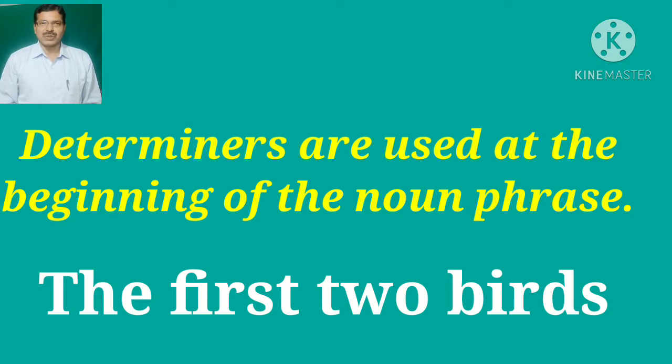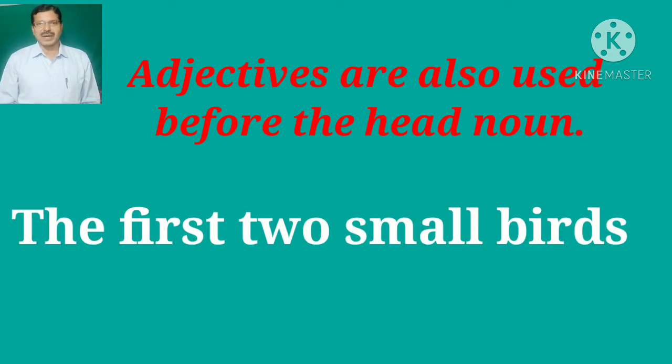Adjectives are also used before the head noun. For example, the first two small birds. Here, the word small is adjective, and it also comes before the head noun birds. But here the word small is not a determiner.